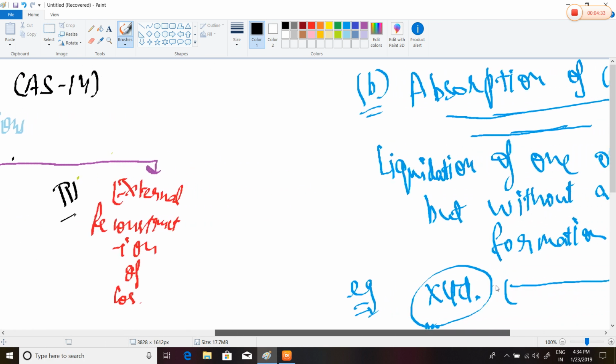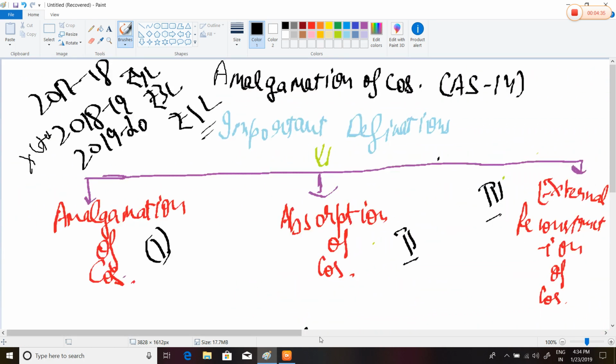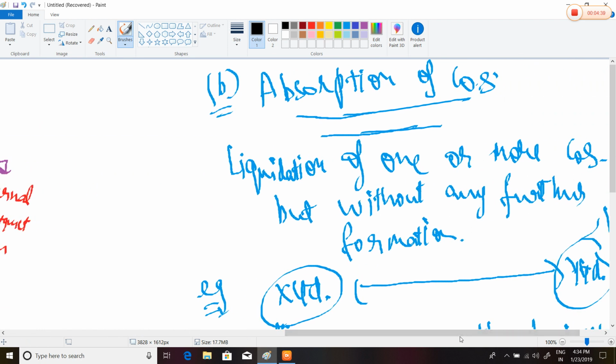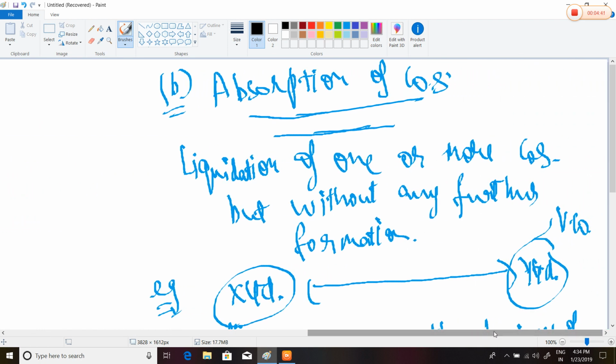Now let's take up the next definition: absorption of companies. It means liquidation of one or more companies, but without any further formation. Let's say there are two companies, X Limited and Y Limited.